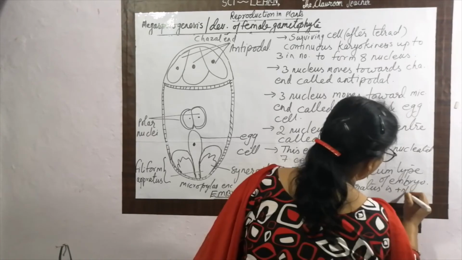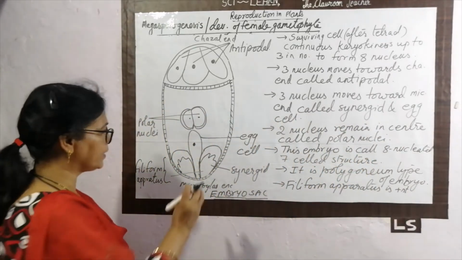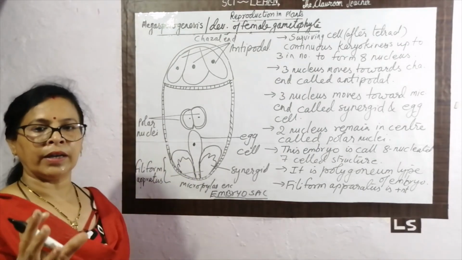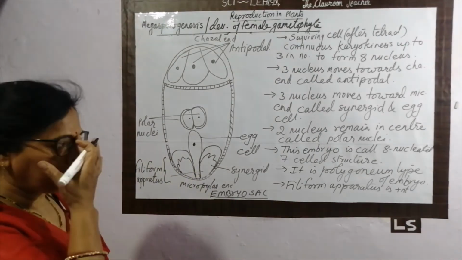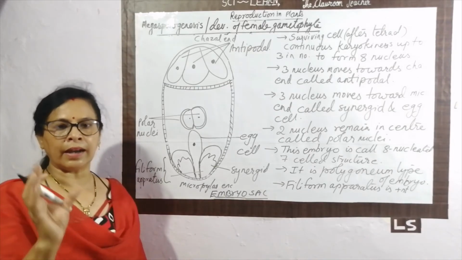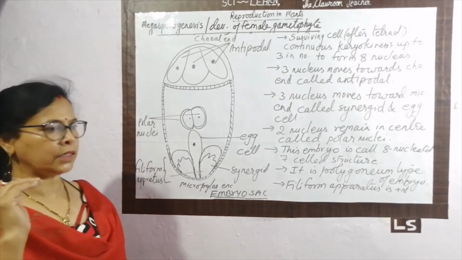What is the filiform apparatus? It is a swollen part near the egg cell, where the two synergid nuclei are there. It gets swollen. Why does it get swollen? Because it increases its thickness, because it allows the pollen tube to get inserted into it.